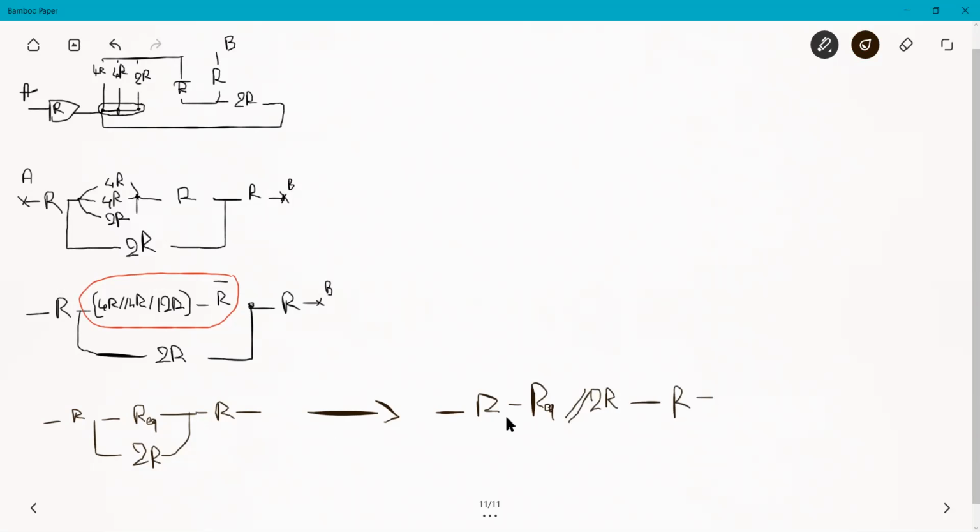Here we go, and then you end up with these three resistors in series. Is it clear?